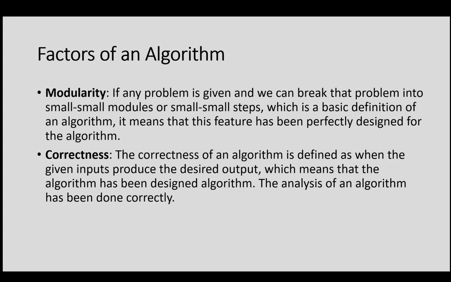Okay. Second thing is correctness. The correctness of an algorithm is defined as when the given inputs produce the desired output, which means that the algorithm has been designed correctly. So the analysis of an algorithm has been done correctly.